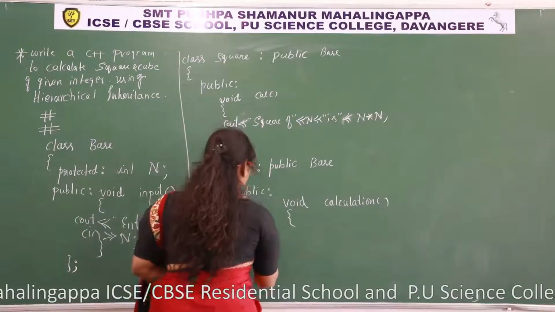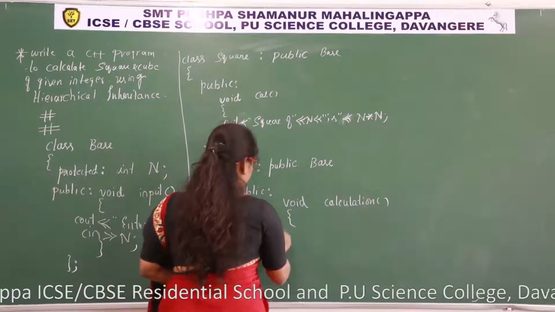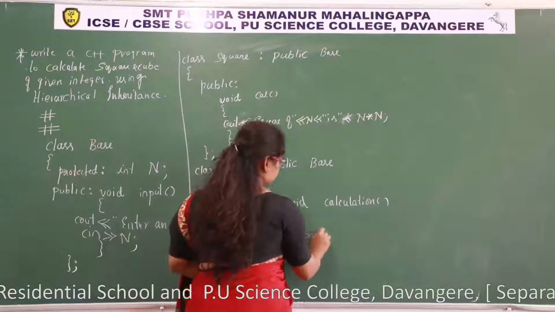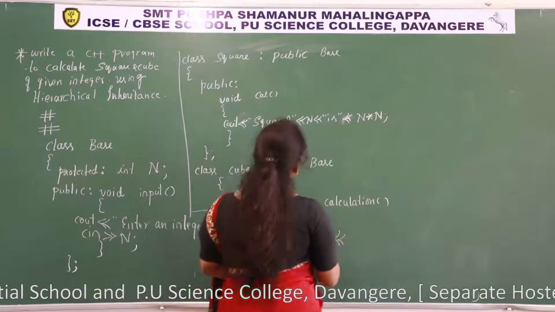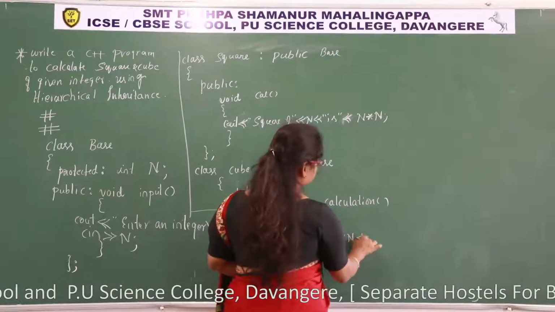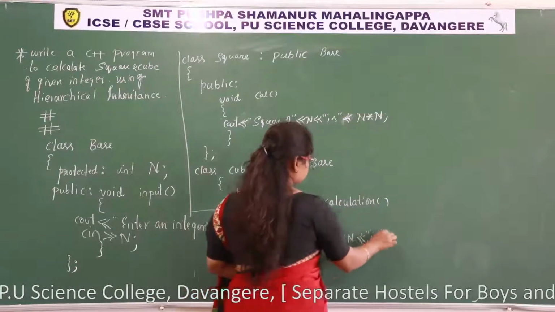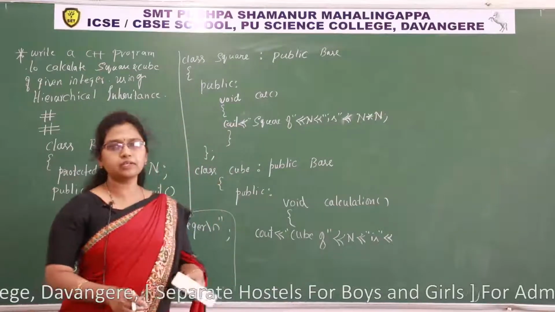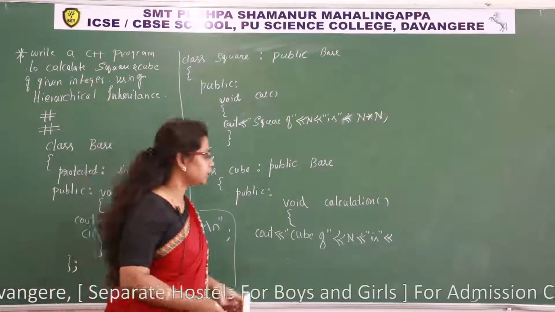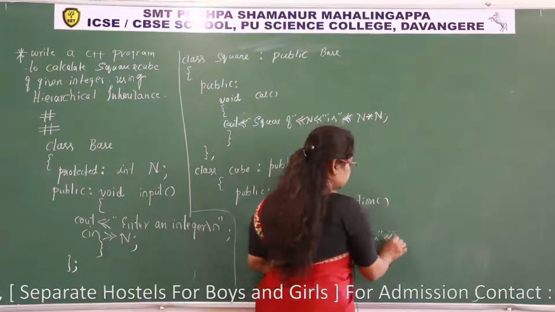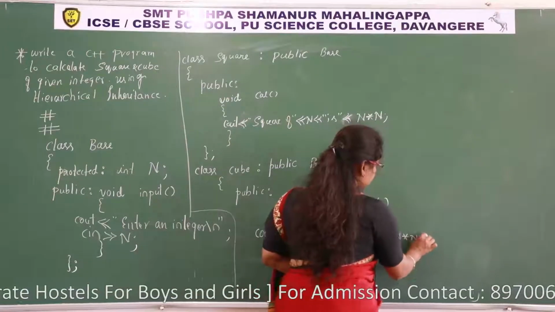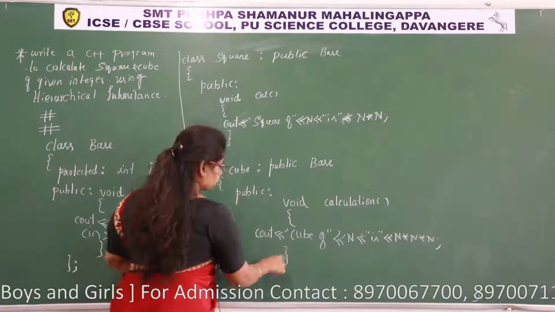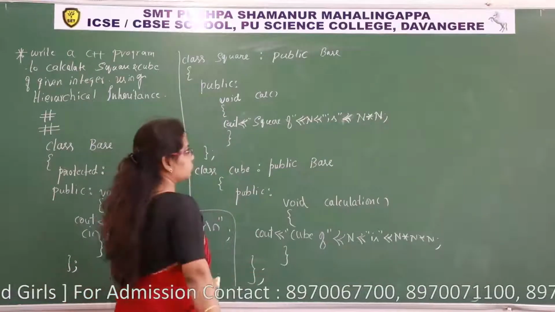Now cout << cube of n is. Here I am not storing that result in any data member, directly I will calculate and display on the screen: n star n star n. Close, function close, class close.